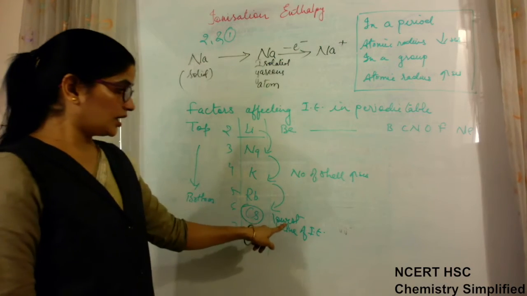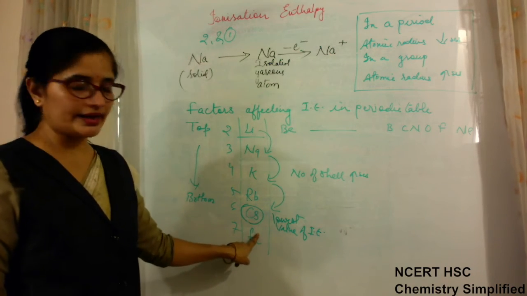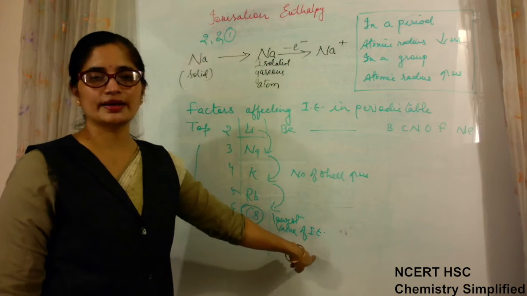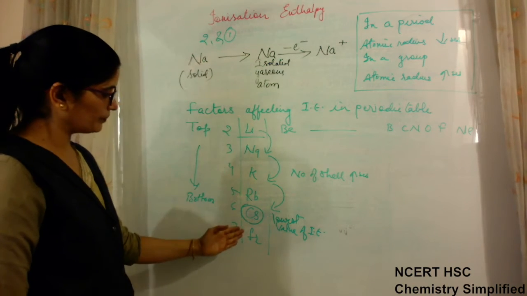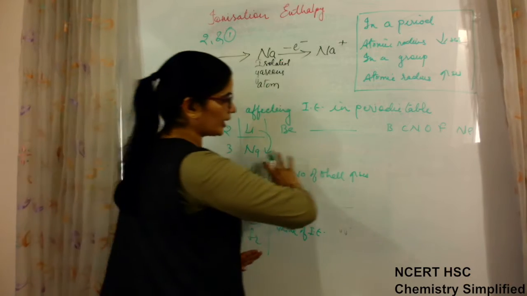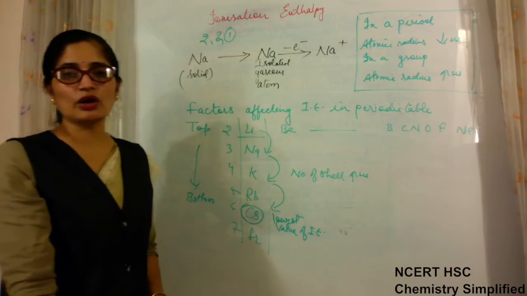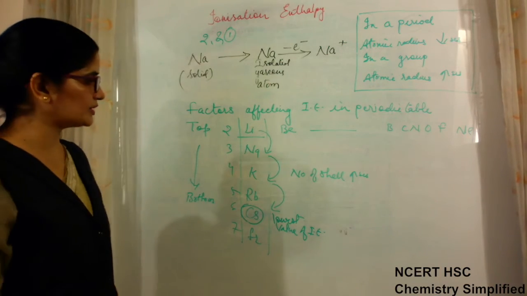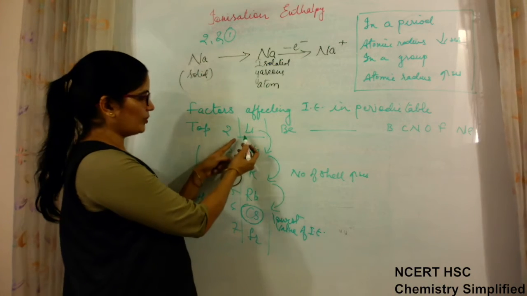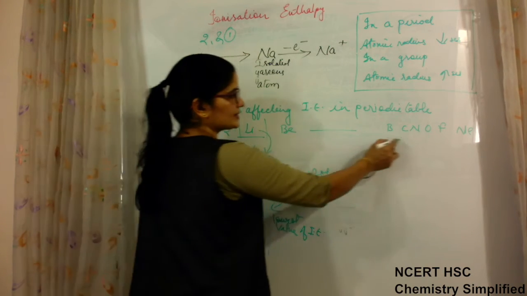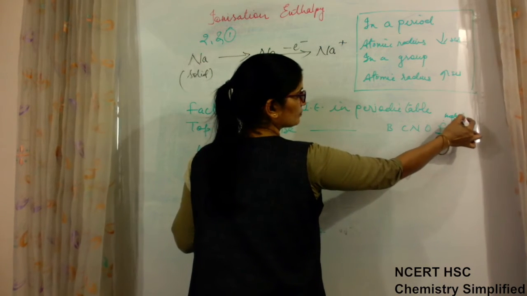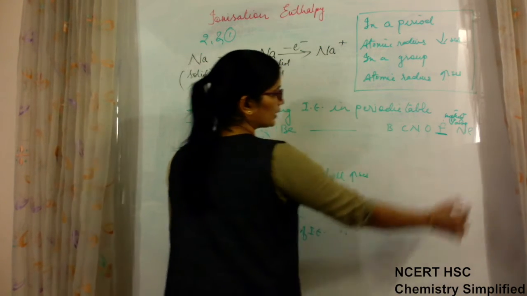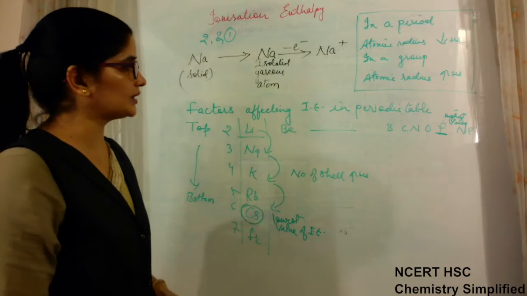It has the largest value of atomic radius, so lowest value of ionization enthalpy, opposite. In a particular period also, and in the overall periodic table also. Why in the overall periodic table? Because from here, from lithium to that side we are moving. It has the highest value. Okay, it has the highest value for ionization enthalpy.